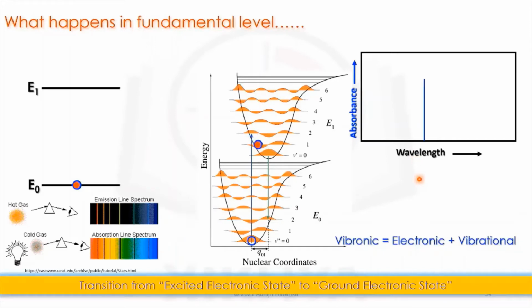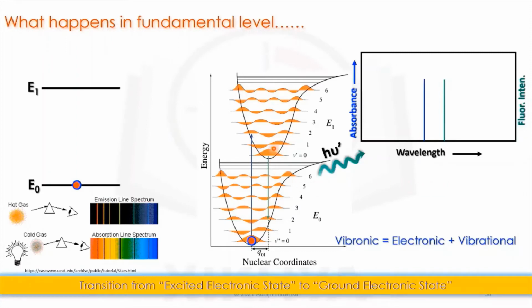Now this electron trickles down quickly to the lowermost vibrational state within E1, and eventually this electron goes back to the ground electronic state by giving some fluorescence, and we can get a fluorescence line in the spectrum.